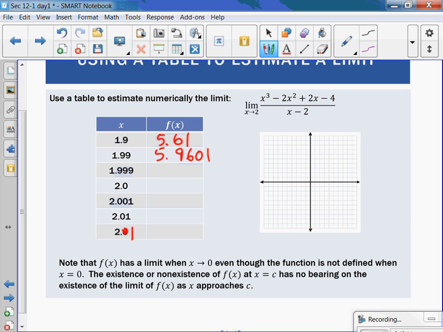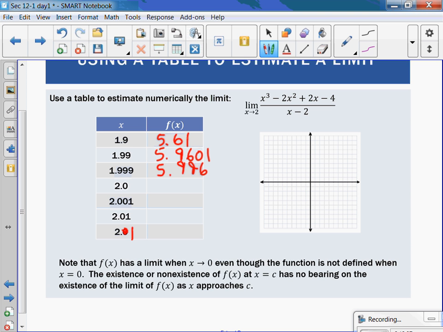So far, Michael's the one who can do this one. That's fine. And we'll skip the 2, go to that 2.001. And then for our 2.1.